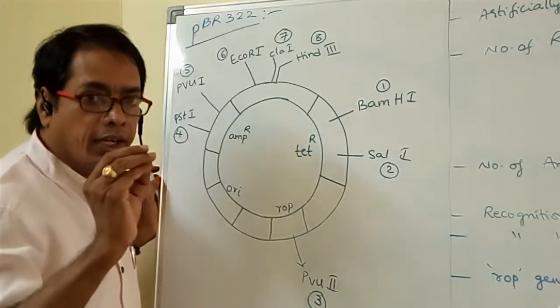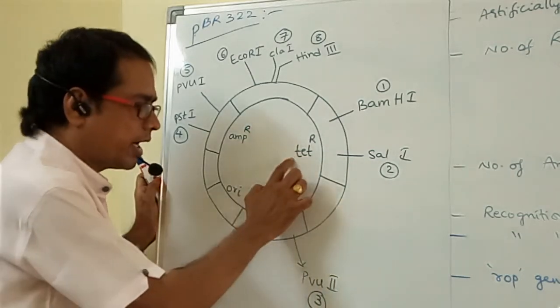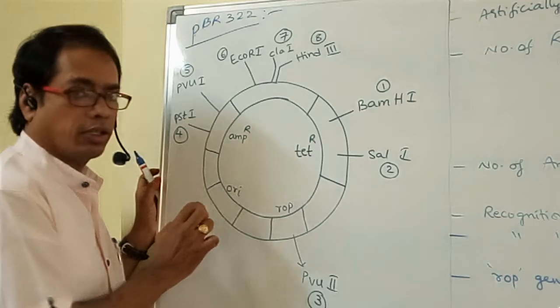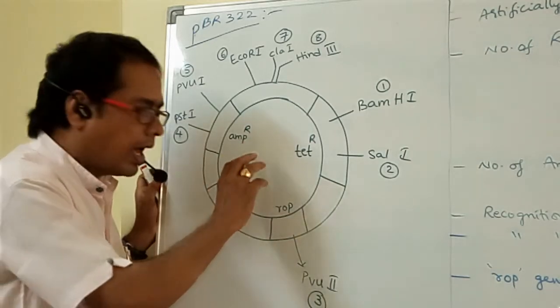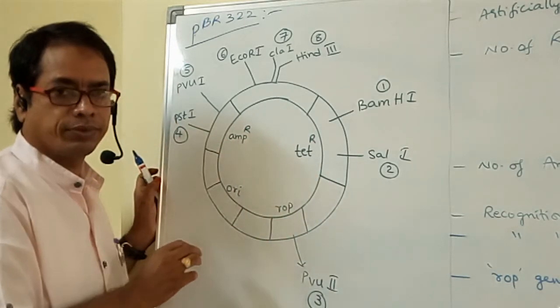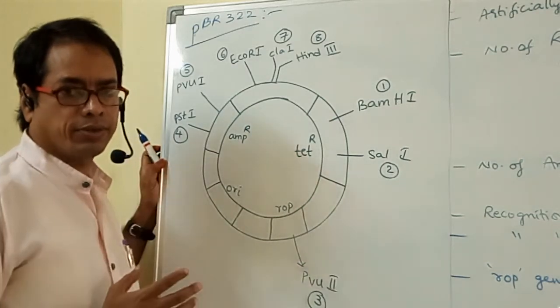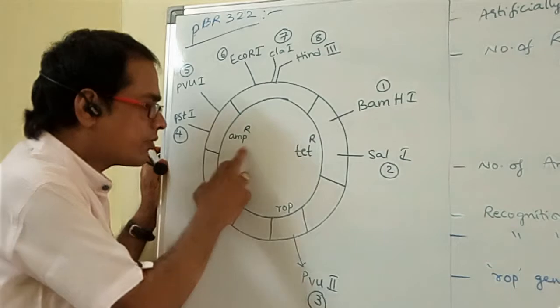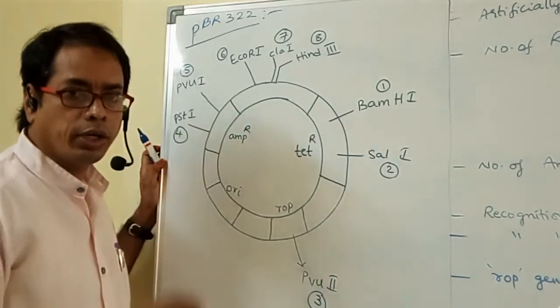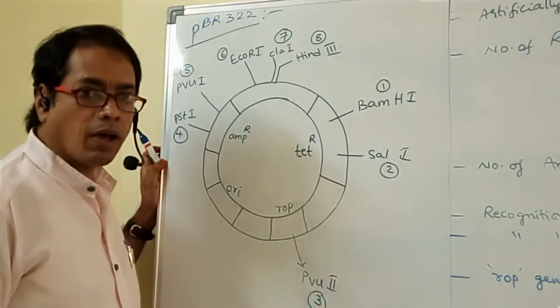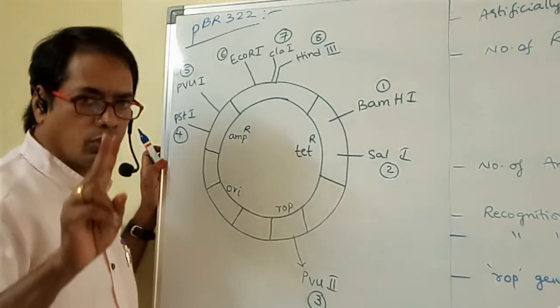Number of antibiotic resistant genes: tetracycline and ampicillin. These two are called the antibiotic resistant genes. Antibiotic resistant genes are nothing but selectable markers. Number of selectable markers in pBR322: 2.